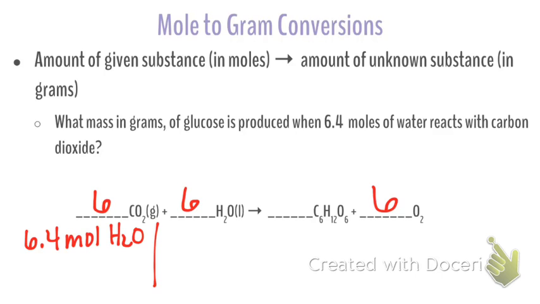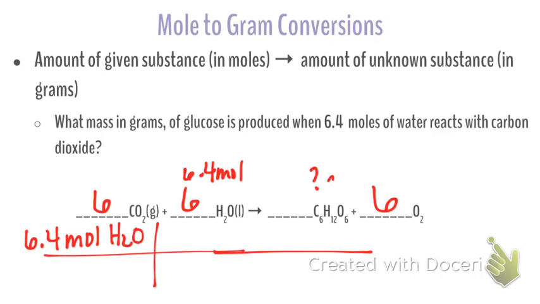Okay, so we start with what we know. 6.4 moles of H2O. Right, we're starting with 6.4 moles, and we want to know grams. Right, we want to know grams of glucose.